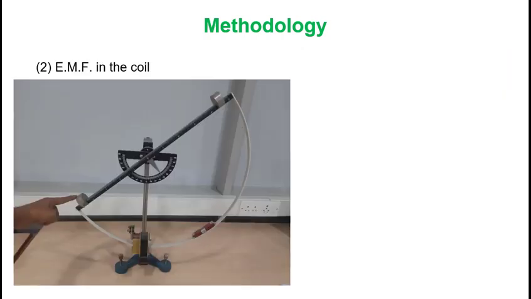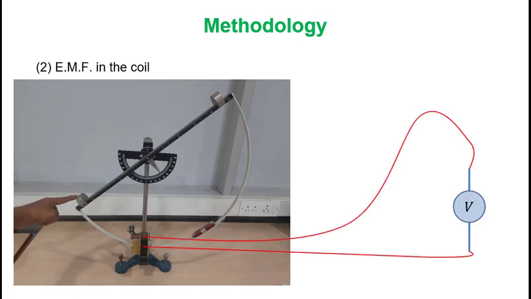Next, to measure the EMF generated in the coil, one can directly connect the voltmeter to the terminals of the coil. But you face a problem this way, as the EMF in the coil may be too small to be measured accurately by a voltmeter of finite threshold. So if this EMF is less than the threshold of the voltmeter, then you cannot measure the EMF of the coil.